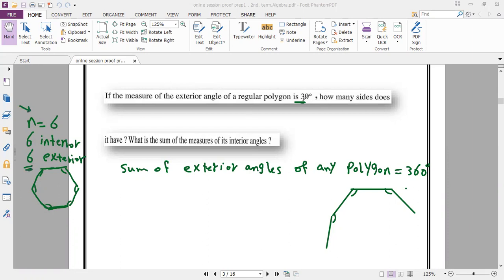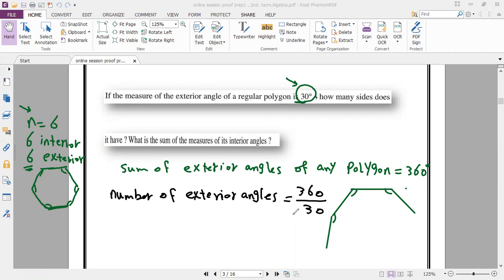Here, the size of the exterior angle is 30. So we can find specifically the number of exterior angles. You know why? Because I know the sum of all exterior angles. The sum of all exterior angles is 360. So we are going to divide the 360 by 30.